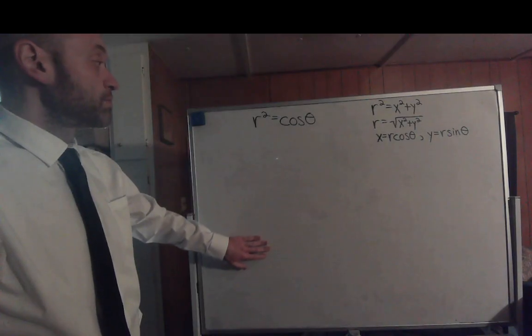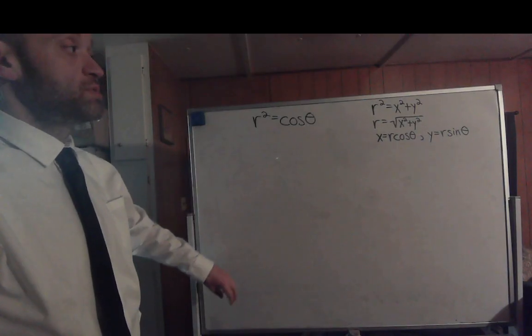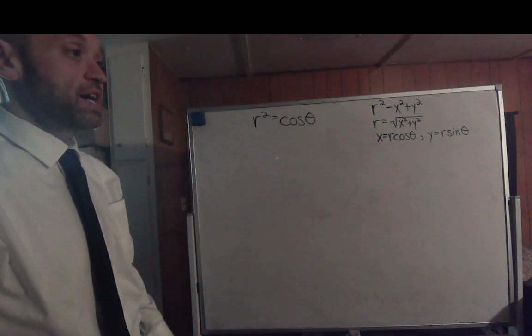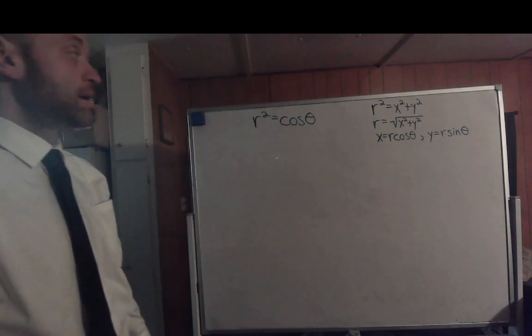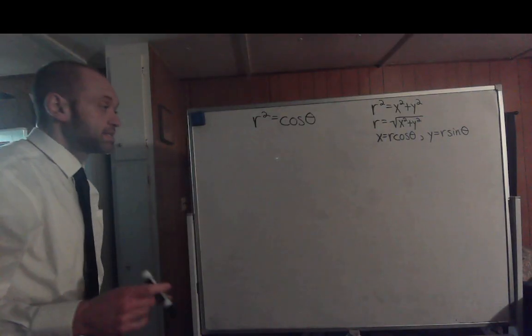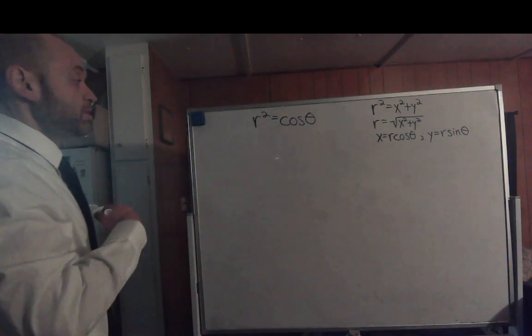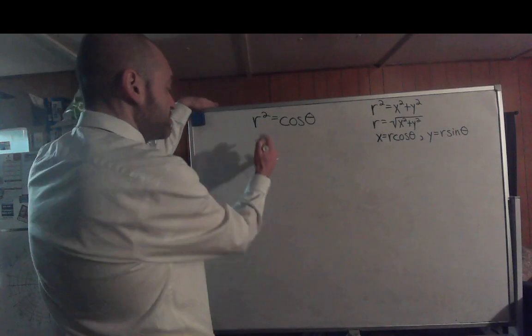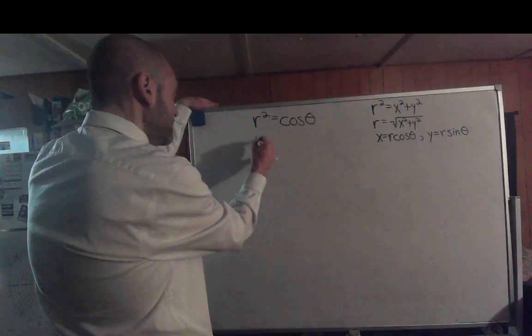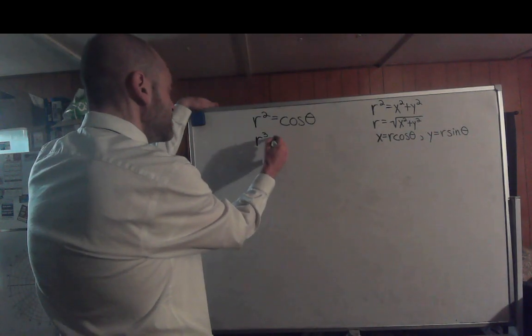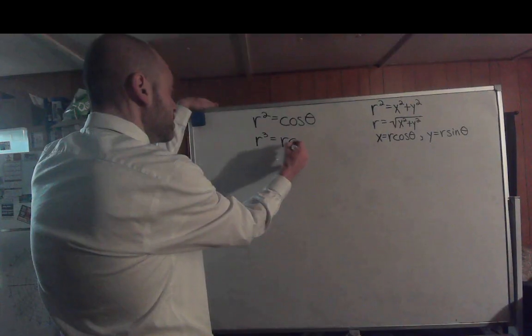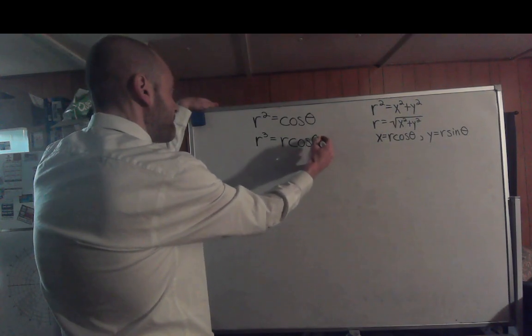Well, for starters, I'm going to suggest we multiply both sides by r. And there's a reason I'm saying that. If we multiply both sides by r, what you'll end up getting is r cubed is equal to r cosine of theta.